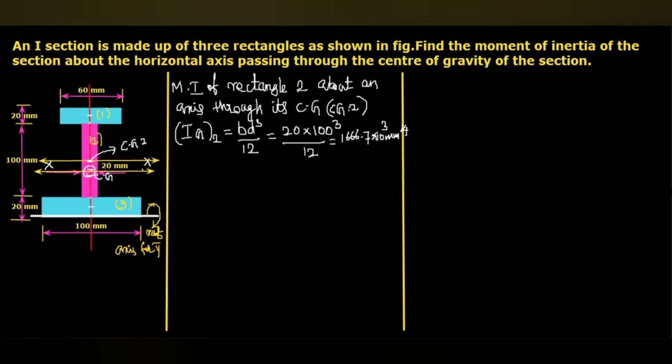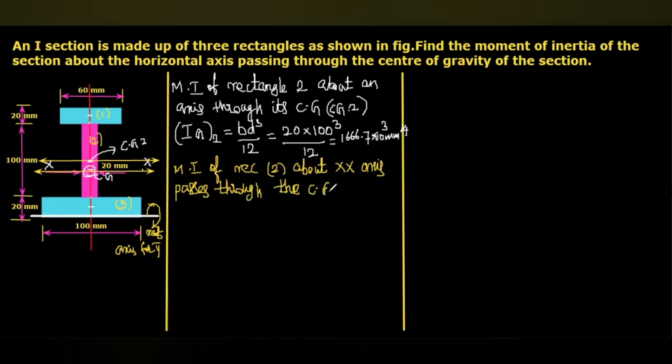So the moment of inertia of the rectangle 2 about the XX axis, which passes through the CG of the whole section, through the CG of the I section.